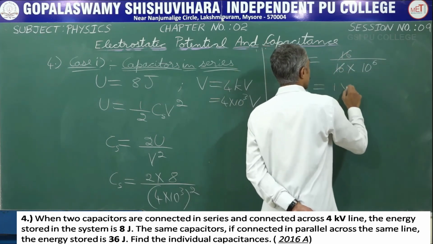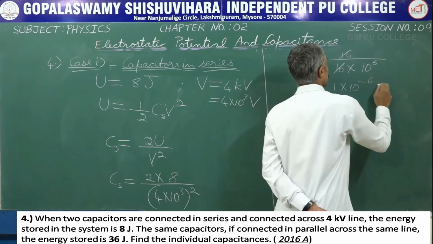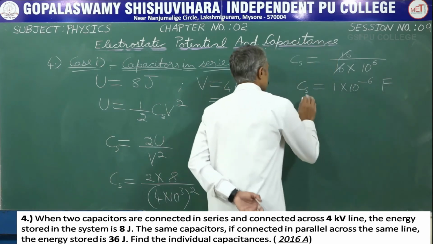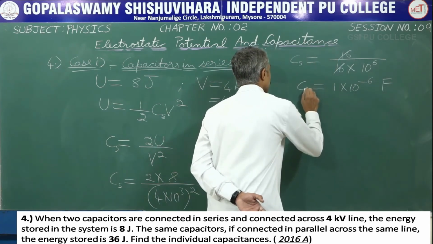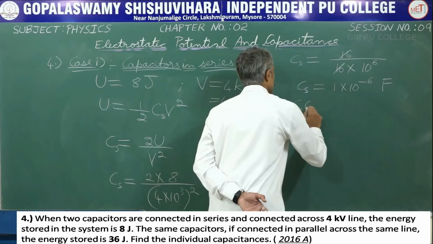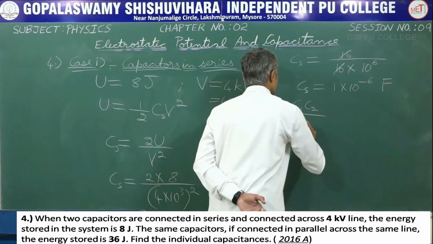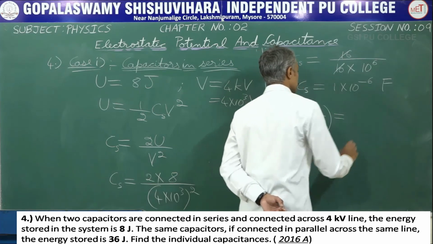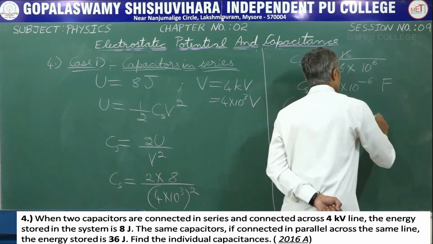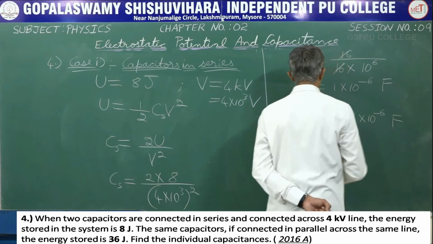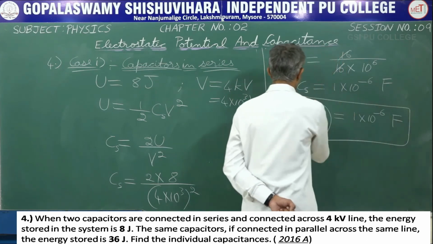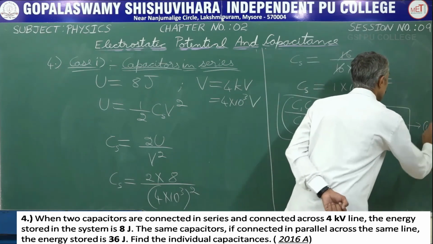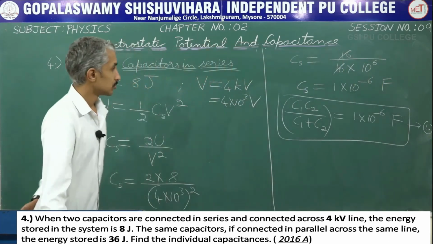So this is 1 into 10 to the power of minus 6 farad. Capacitance in series is nothing but C1 into C2 divided by C1 plus C2. So this is going to be 1 into 10 to the power of minus 6 farad. Equation 1.